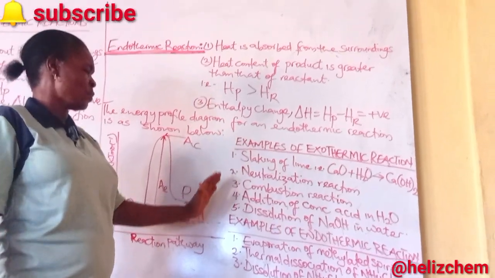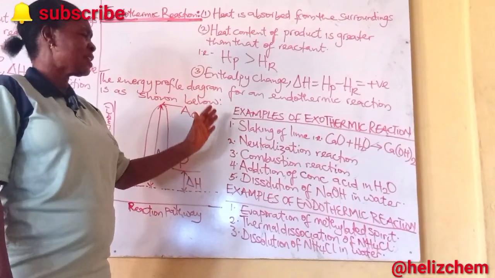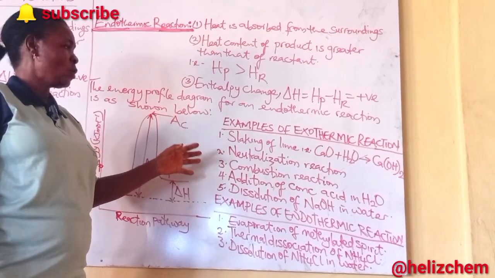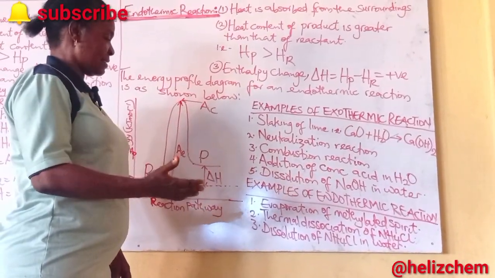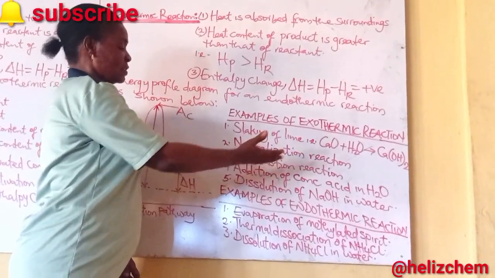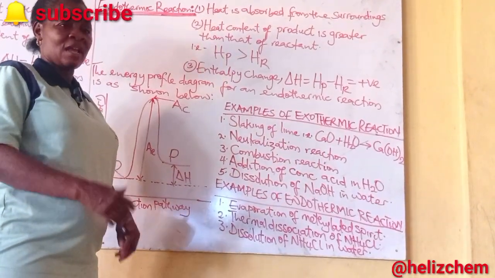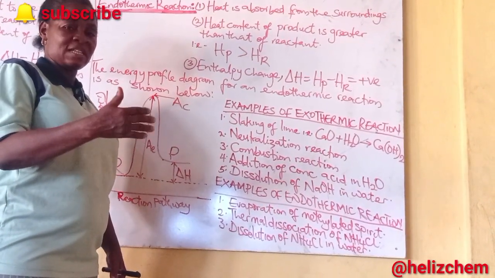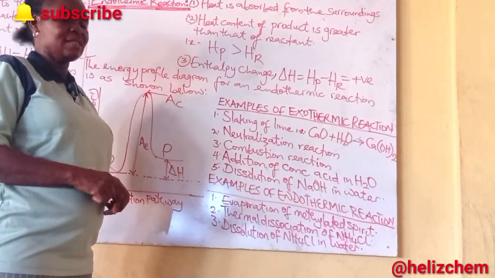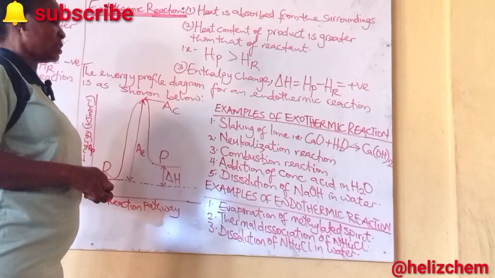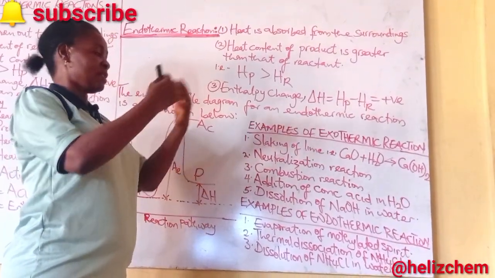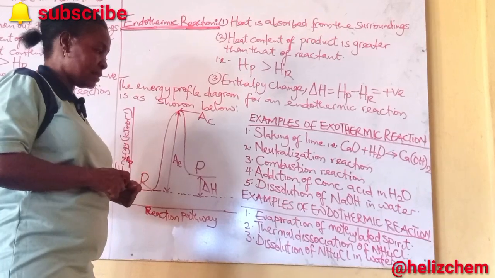In all these examples, how will you know that they are exothermic in nature? You can get that, for instance, when you add your concentrated acid in water and you feel the container, you will feel that the container is warm, and that is showing that the reaction is exothermic because heat is already given out to the surrounding.